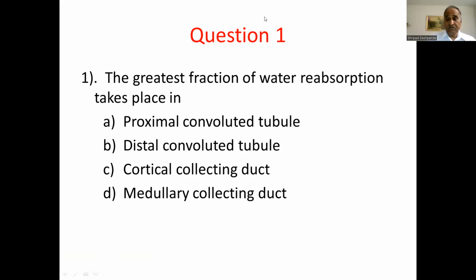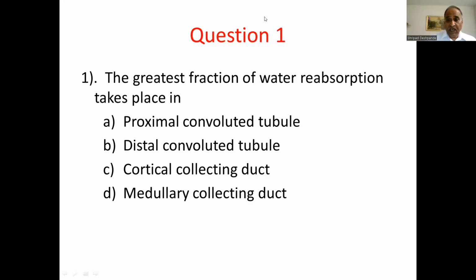All the glucose, amino acids, the bicarbonate, and other constituents, including the urea, are reabsorbed either actively or passively. And because of the solute reabsorption, the water goes by the osmotic drag.